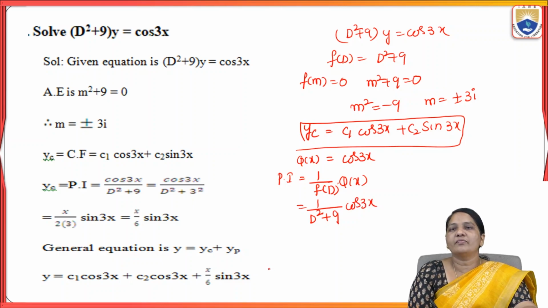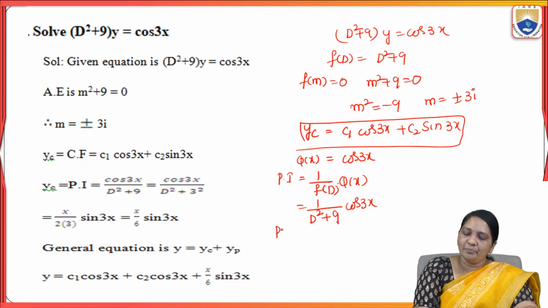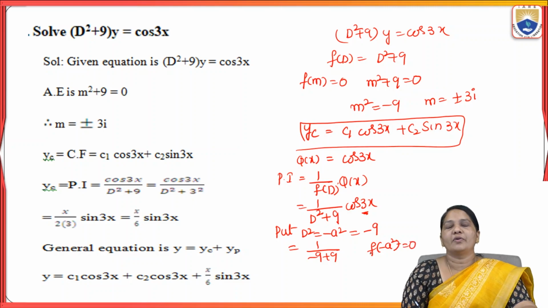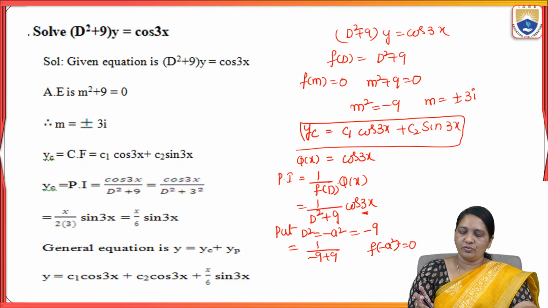So what is the first step we have to do? Put d square equal to minus a square. What is the a value here? The a value is 3, so I have to replace with minus 9. When I replace it, minus 9 plus 9, I am getting f of minus a square as 0. So when f of minus a square is 0, we have to follow the formula.